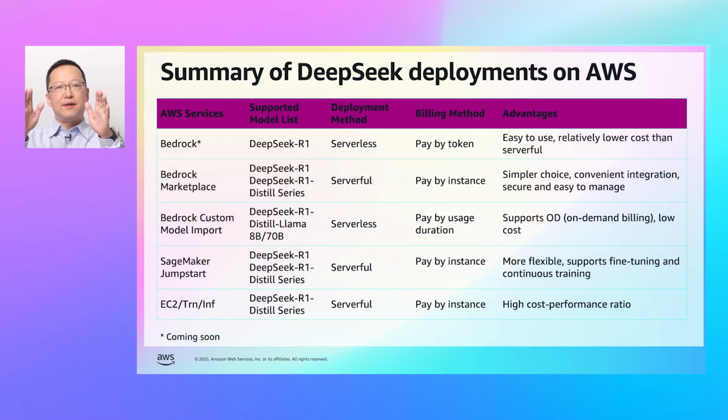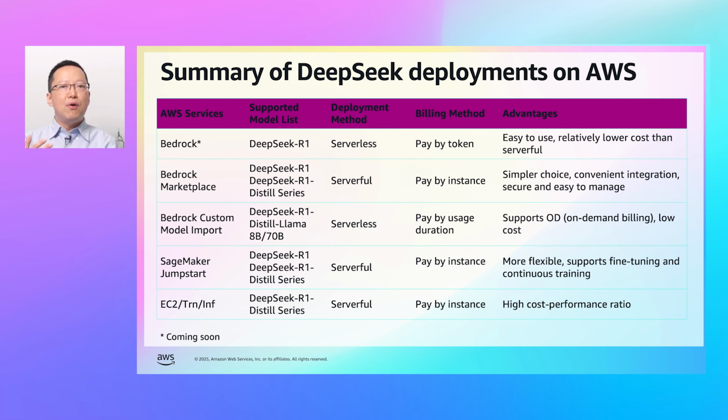Let's explore the various deployment options for DeepSeek models on AWS. Each deployment method offers distinct advantages for specific use cases. Amazon Bedrock provides serverless deployment with token-based billing, while Bedrock Marketplace delivers a deployment with instance-based billing.